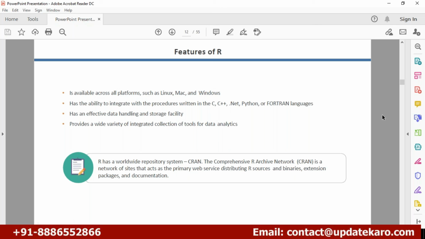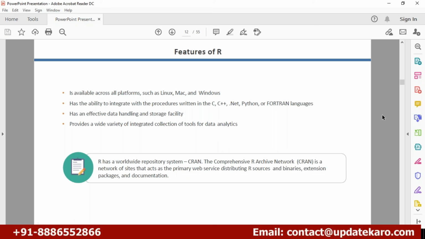So it has a wide variety of tools integrated in R, which will aid in data analytics. Statistical tools we have, machine learning algorithms we have, time series, a priori algorithms, principal component analysis, almost every tool is available in R. It is almost equivalent to Python, or whatever you can do in Python, you can do here, but not so extensively as it is done in Python.